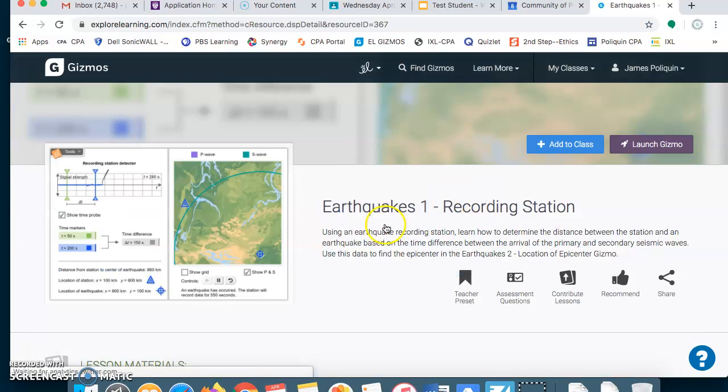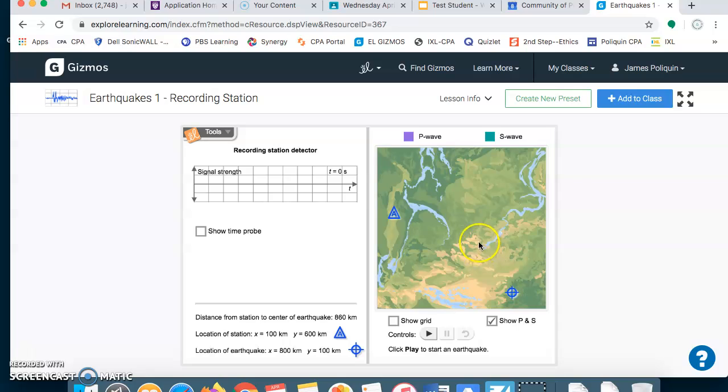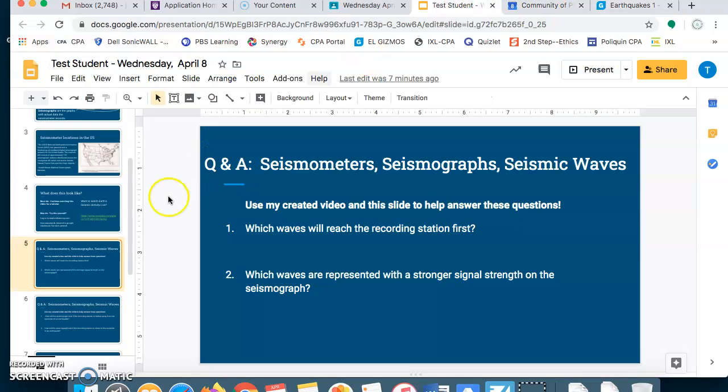The first one we're going to look at is the recording station. This kind of shows you how seismic waves might travel through the earth and what it might look like at a different station. So the first thing before we start showing anything is these two symbols: location of the station, A. This is where the seismograph is.